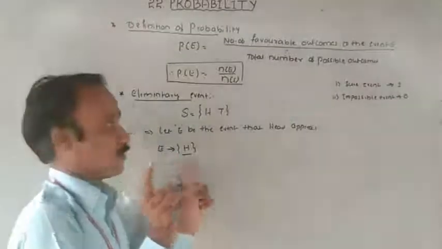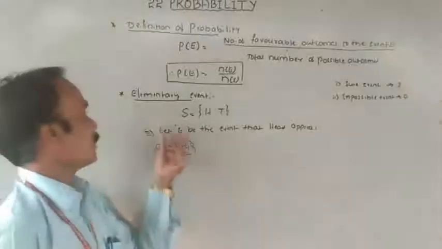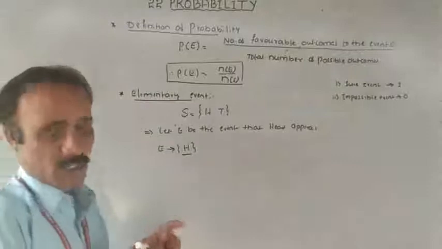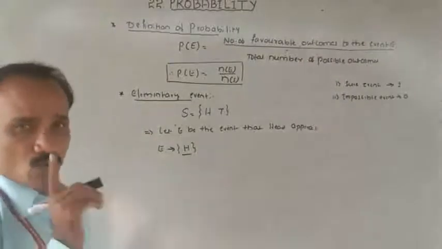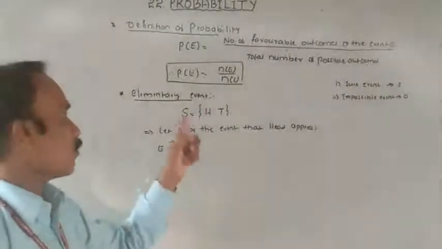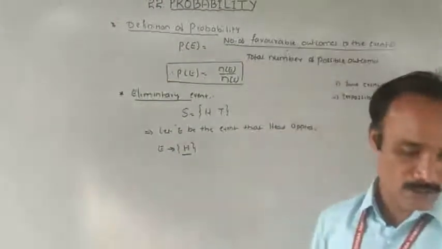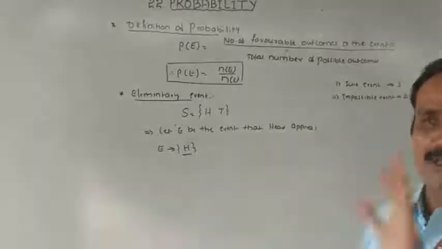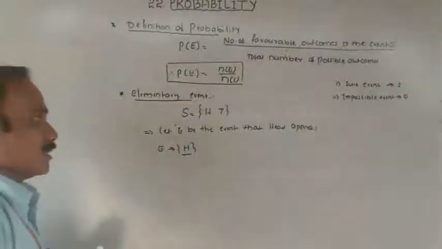Possible outcome 1, not probability 1. So, what is the meaning of elementary event? An elementary event is the event which has only one possible outcome, or only one favorable outcome. Then it is called an elementary event.